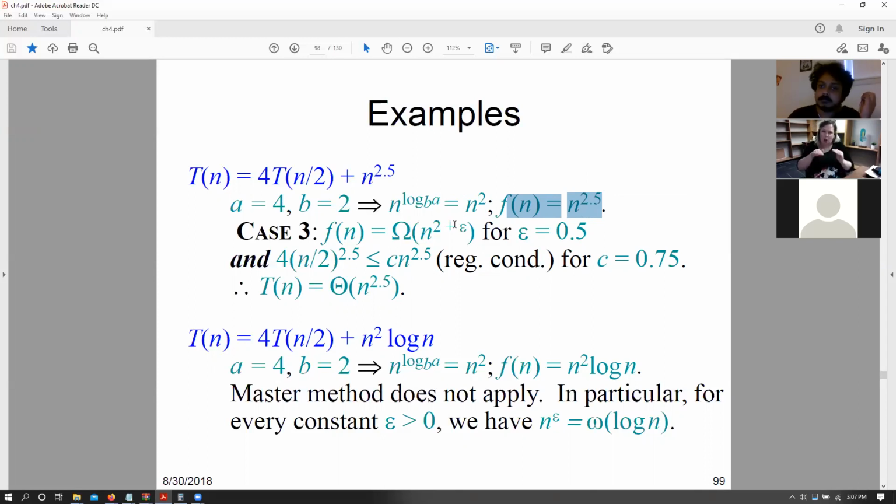And since we are adding something to it, we also need to check that regularity condition. That condition basically is 4(n/2)^2.5 less than or equal to c n^2.5. We can solve for that, and for c equals 0.75, we can say that this applies, and so it becomes theta of n^2.5.